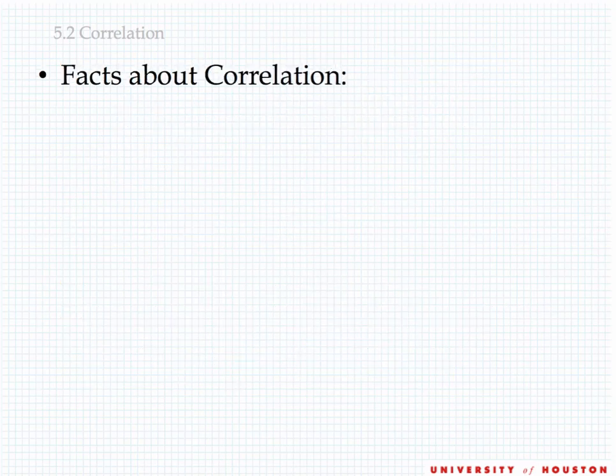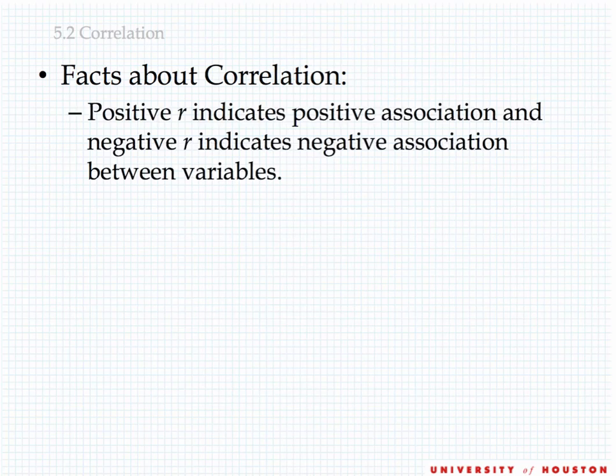Some facts about correlation. Positive R values indicate a positive association, and negative R values indicate a negative association between the variables. The value of R is always between -1 and +1.